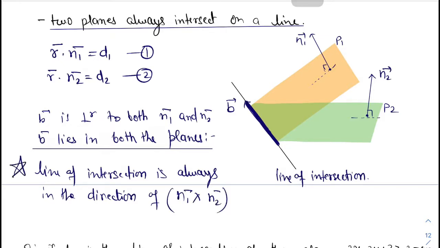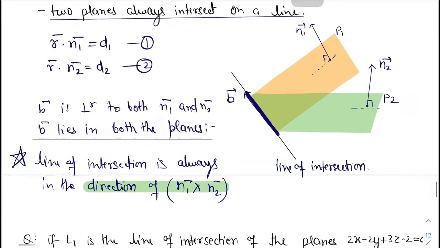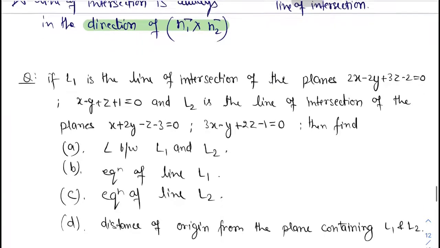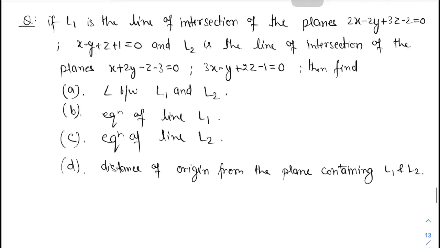This is the only thing we have to remember. The line of intersection of any two planes is in the direction of the cross product of the two normal vectors. Now let us see some example and we will see how we will write the equation of this line of intersection.